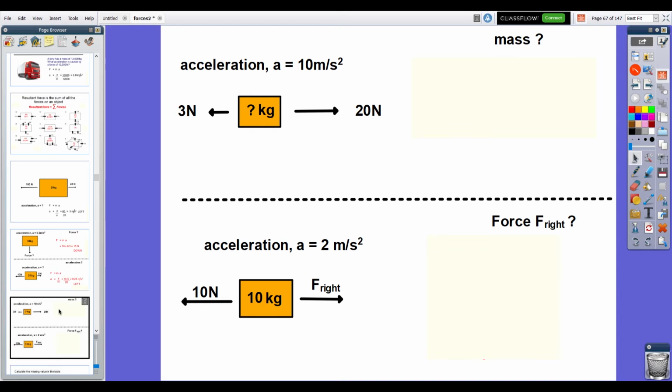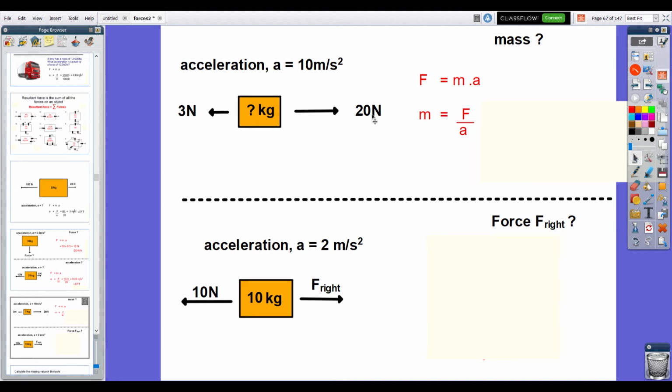What's the mass of this one? Well, it's got an acceleration of 10 meters per second squared. The forces are quite clearly labelled, 20 to the right, 3 to the left. What's the mass? F equals ma. We're trying to calculate m, so we're going to go m equals F over a. So what are the forces?